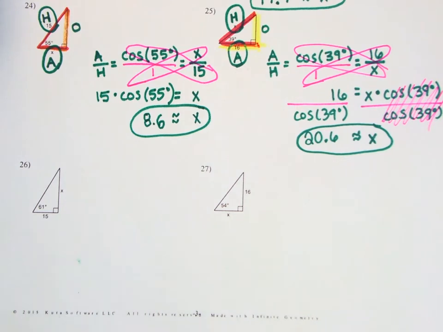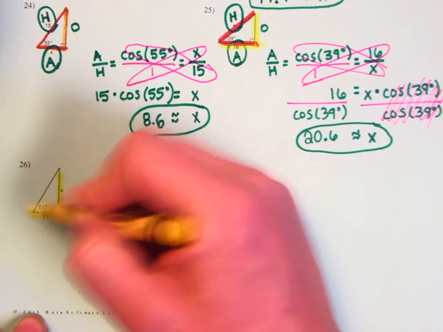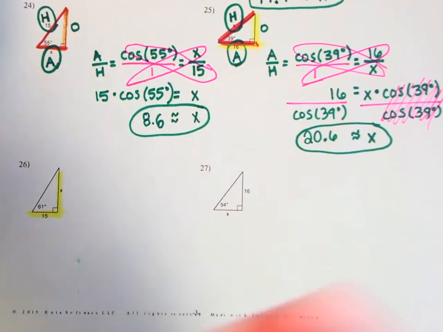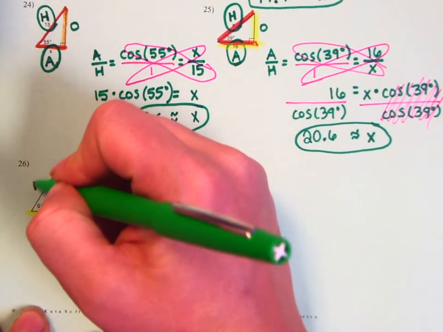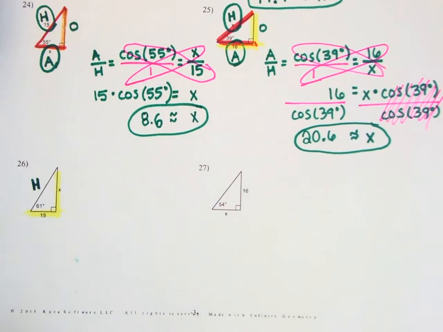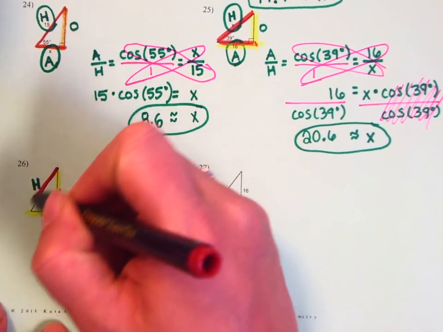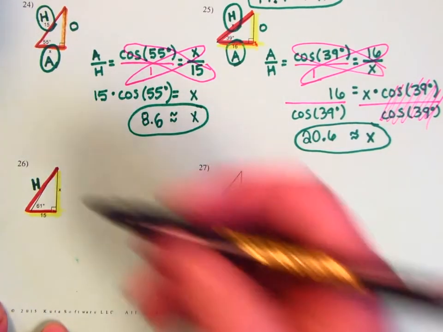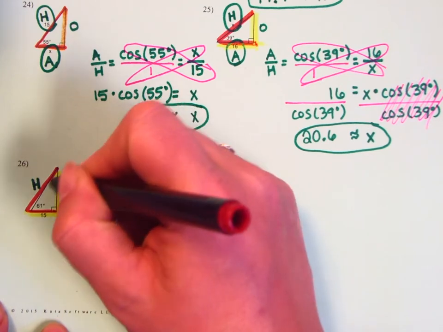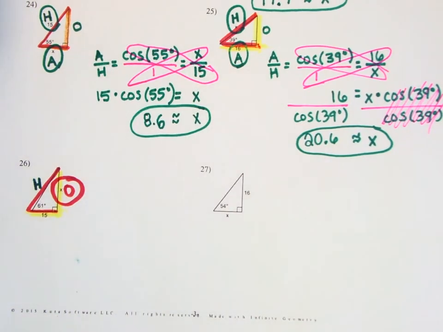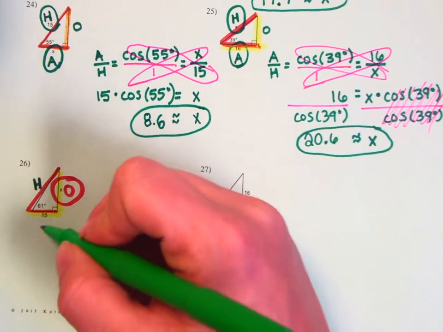Okay, on problem number 26, when we highlight the two sides of the right angle, we find out that our hypotenuse is blank. Then we highlight the two sides of the angle in question, which here is 61 degrees. We find out that our opposite is x, which means 15 has to be our adjacent.